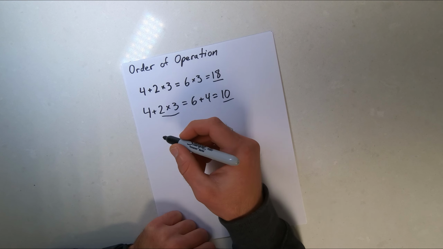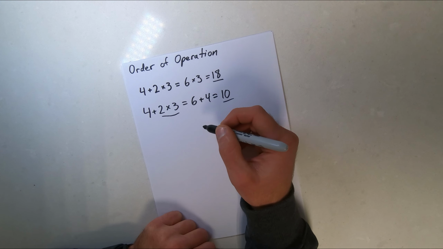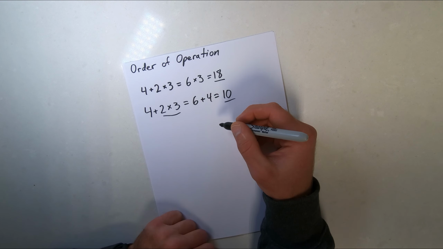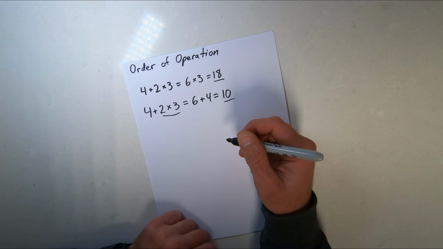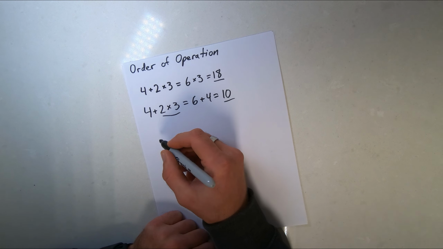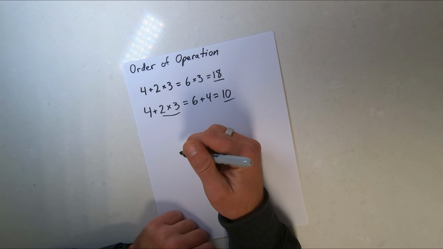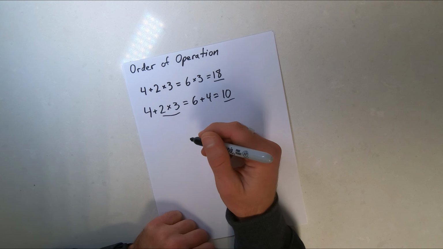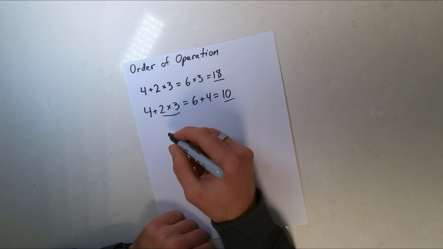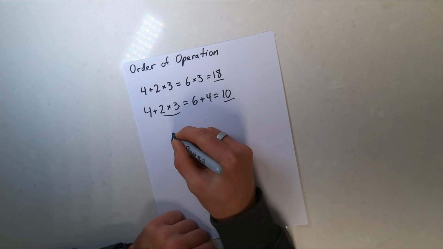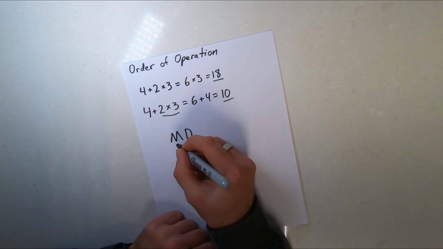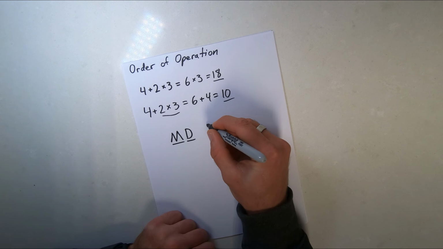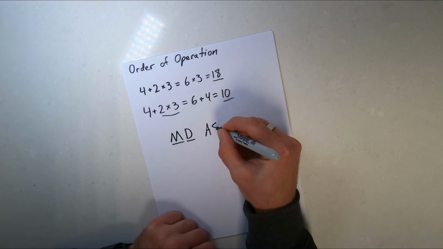So someone long ago proposed a logical way for which operation needed to go first. And he said that because multiplication is just repeated addition and division is repeated subtraction, they must go before addition and subtraction.